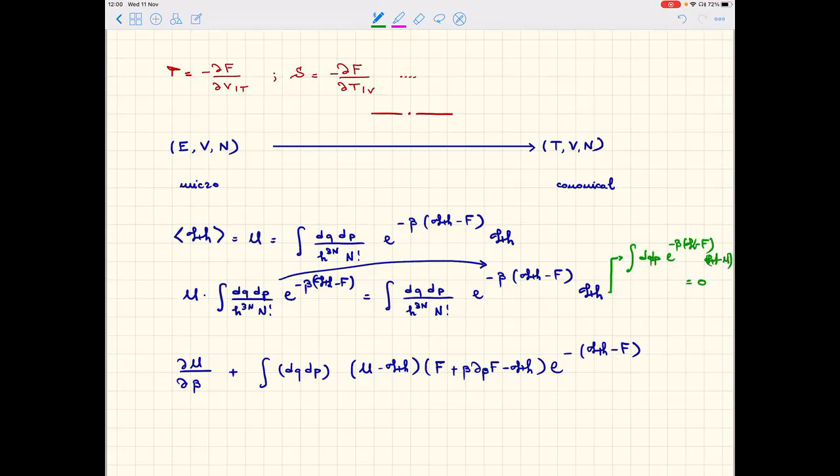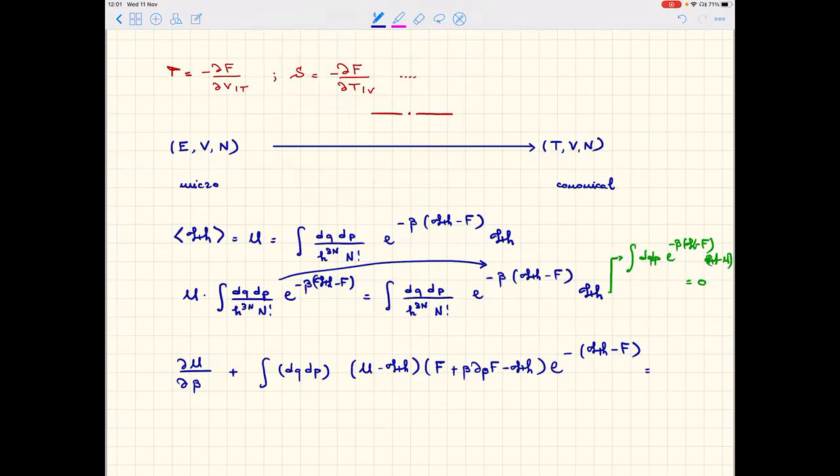And now I'm just taking a derivative of this, which is this expression here. So, of course, the derivative should be equal to 0. But now let's look at what I wrote here. This is u minus h.